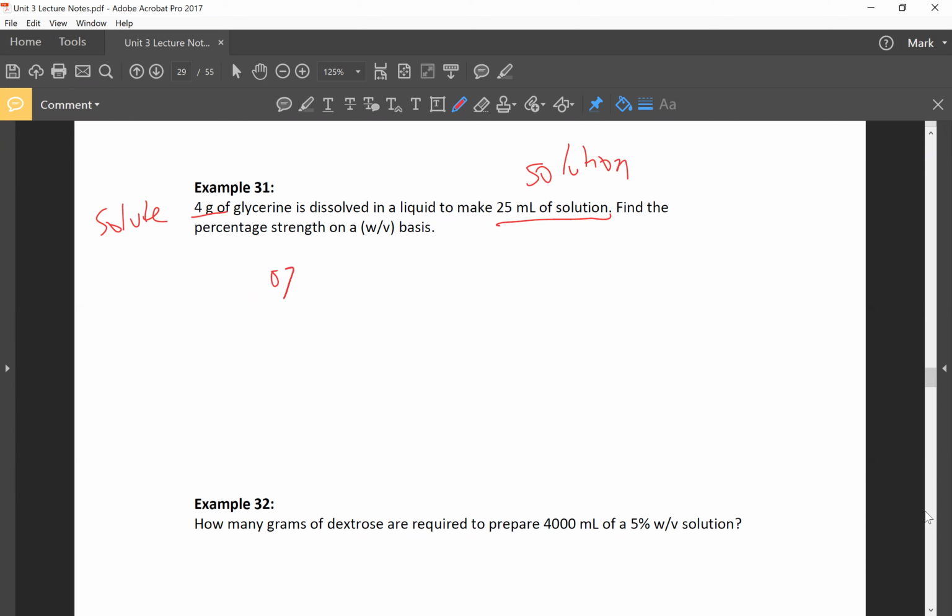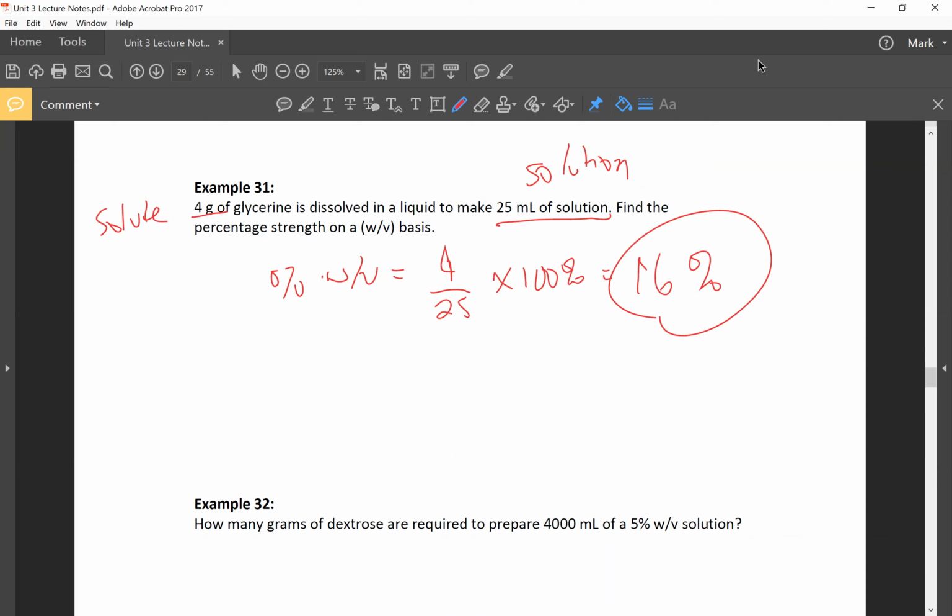So again, very easy. 4 over 25, and that's it. Well, times 100, of course. Okay, so 4 divided by 25, 16%. Just like Reem said in the chat. So yeah, they're pretty straightforward. Let me just check the chat. Okay, perfect.